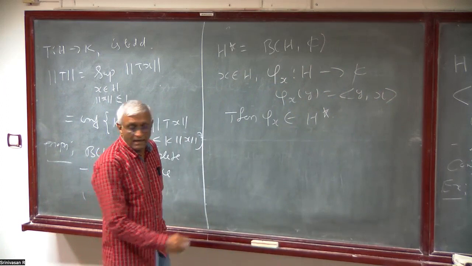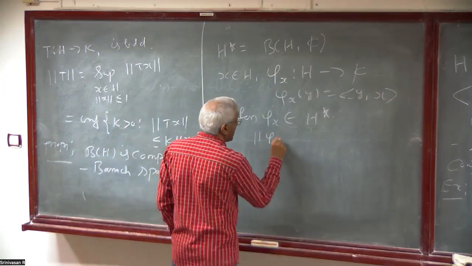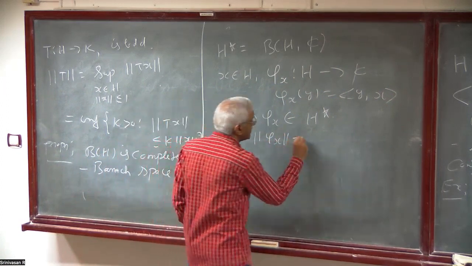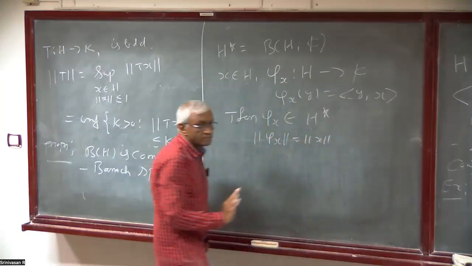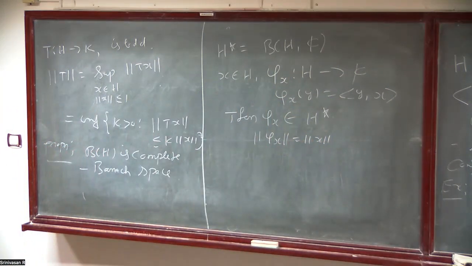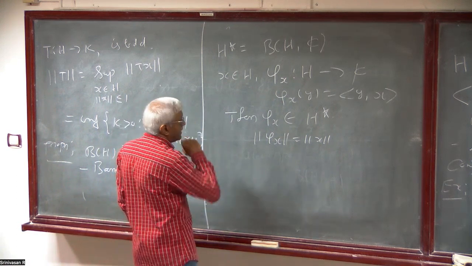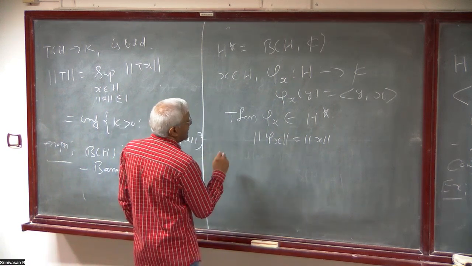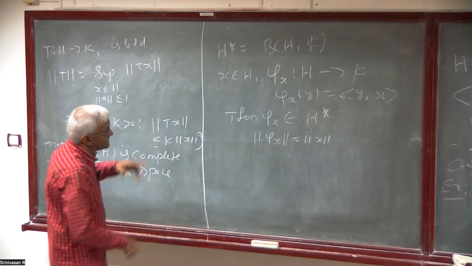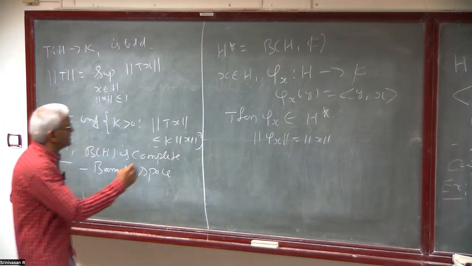And the norm of the operator P_x is equal to the norm of x. So this Hilbert space H star is actually, so this is the reason as well.